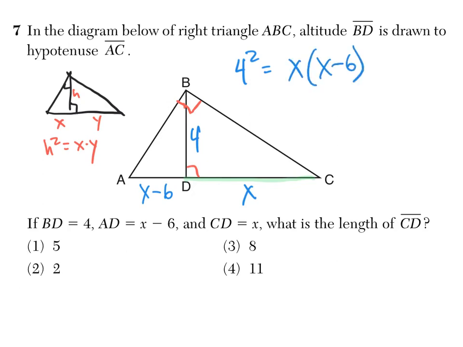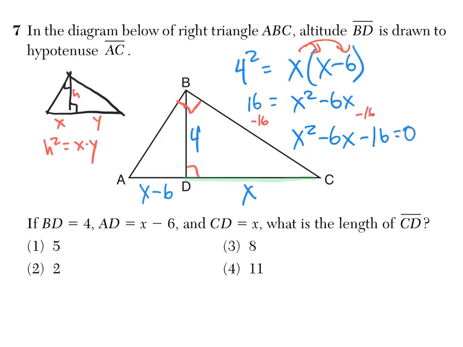And so, of course, now we're going to need to distribute. And so we've got 16 equals x squared minus 6x. And when we set this equal to 0 and we subtract 16, of course, from both sides, we've got x squared minus 6x minus 16. So now we need to factor, and we can simply set it up like this. And when we factor, we need to think about what two numbers multiply to negative 16 and add to negative 6.